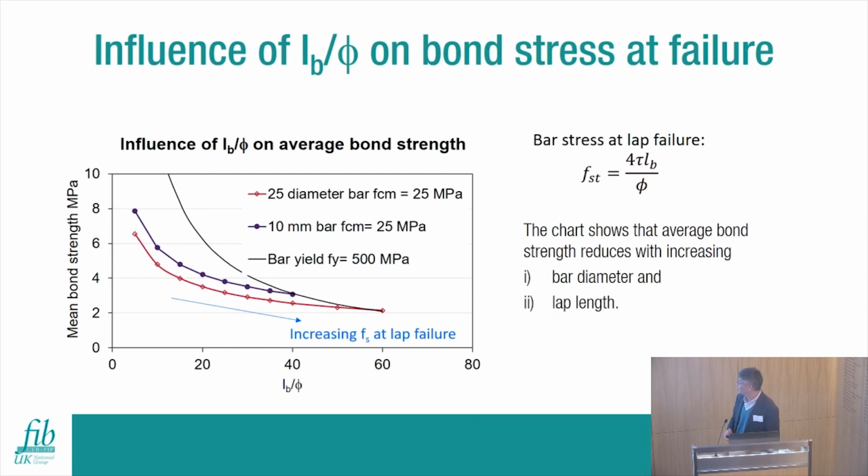So looking at the chart, we see that the average bond strength reduces with increasing bar diameter and also increasing lap length. The lap length required for bar yielding is given by the intersection of the coloured lines with the black line, which represents yielding.